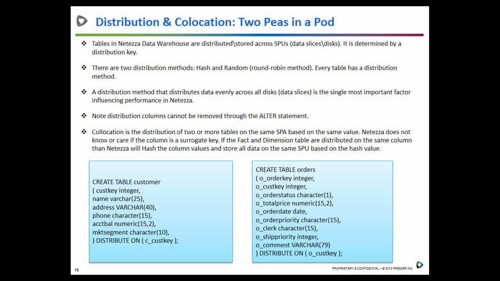So let's say you have an encounter table and a patient table, and you have distributed both the encounter and the patient table on the patient surrogate key. Let's say you have a patient called John Doe, who has a surrogate key 1234. We have distributed both the patient table and the encounter table on the patient surrogate key 1234 for John Doe.